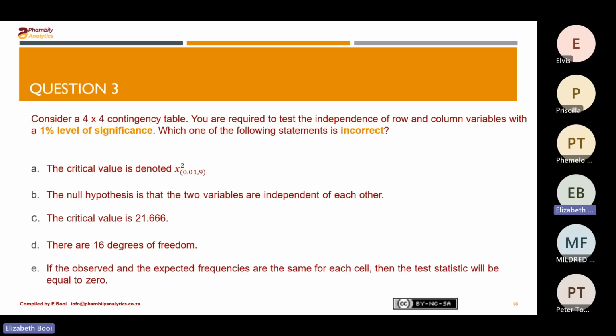Looking at another way of asking questions, they might ask you, consider a contingency table which is 4 by 4, which means 4 rows and 4 columns. You are required to test the independence of the row and column variables at 1% level of significance.